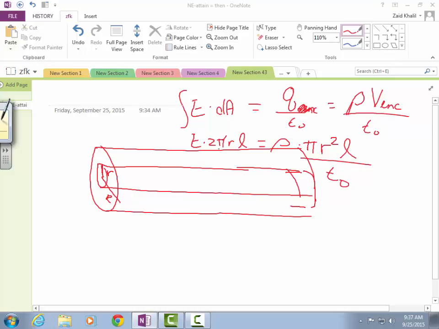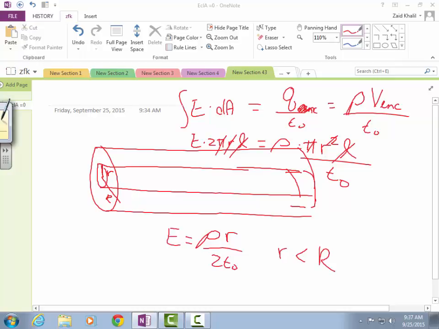And so we got massive cancellations. Pi's are gone, r goes with r squared, L goes with L. And we end up with E equals rho r over 2 epsilon naught, and that's for r less than big R.